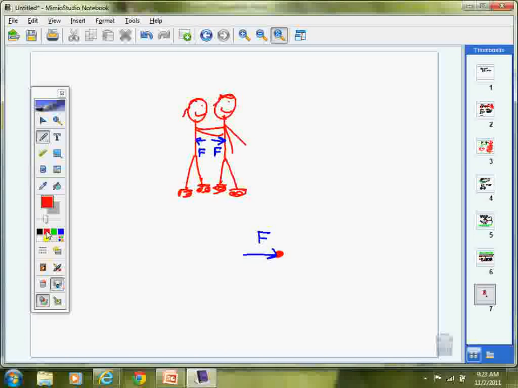If we drew a free body diagram for Sammy over here, there would be the same magnitude force acting in the opposite direction. Now, of course, their weight forces and their normal forces would also be acting on them. But the point being, those two forces don't cancel each other out because they're acting on different objects.